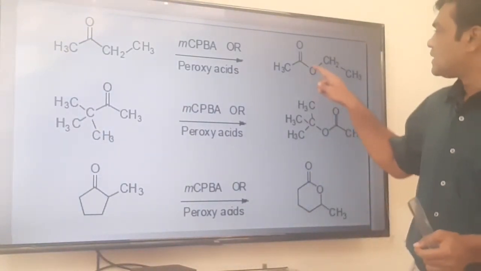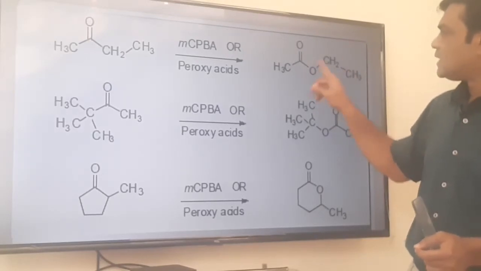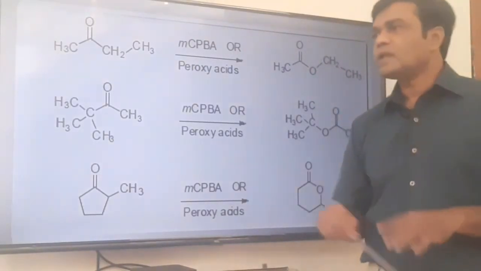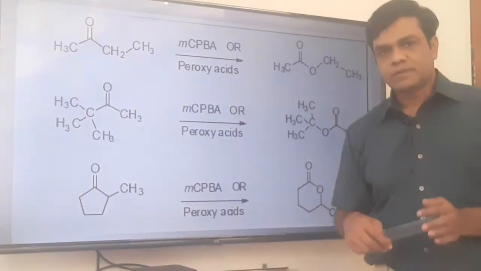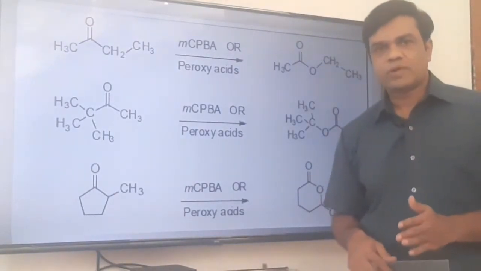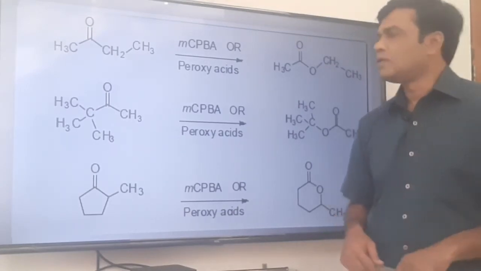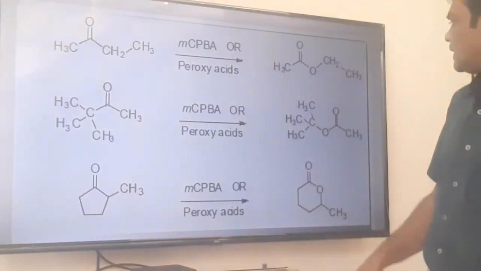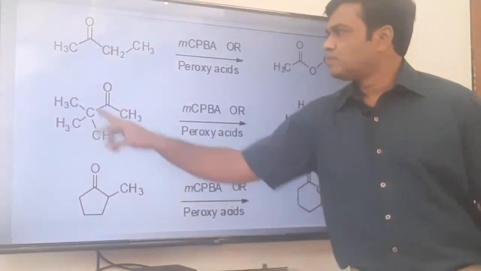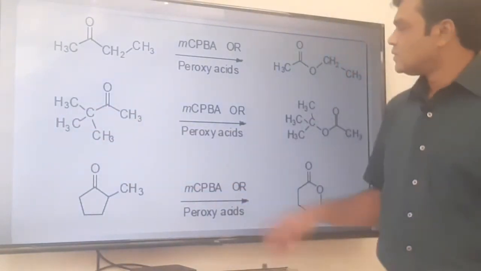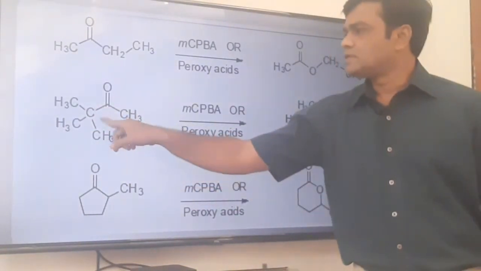So you can see here it is incorporated from the ethyl side and not from the methyl side. Means oxygen is incorporated from the group side which is more electron donor in nature. Here it is the tertiary butyl group, here it is the methyl group. So oxygen is incorporated from this tertiary butyl group.